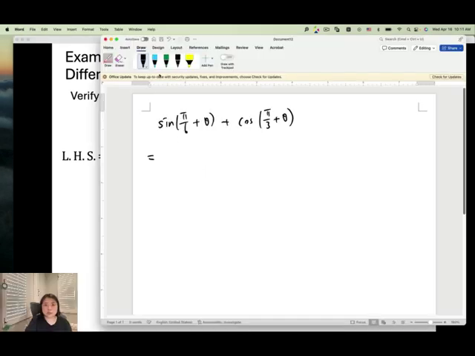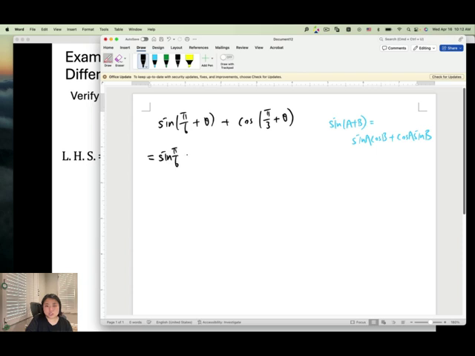Remember the sine A plus B equals sine A cosine B plus cosine A sine B. Okay, so we're gonna apply it here.